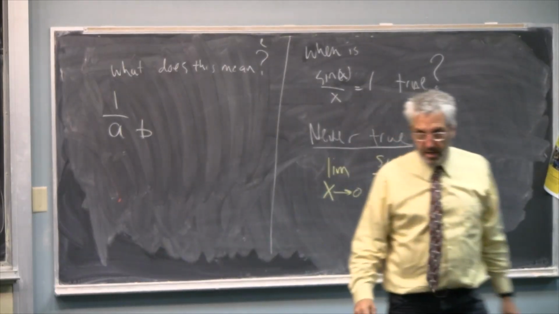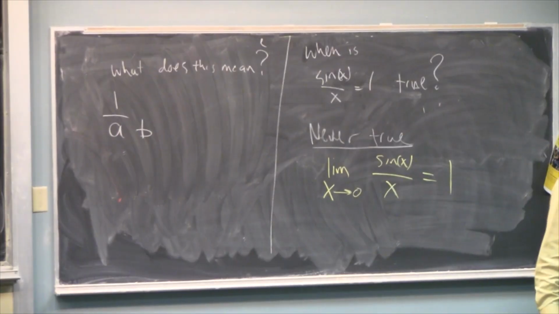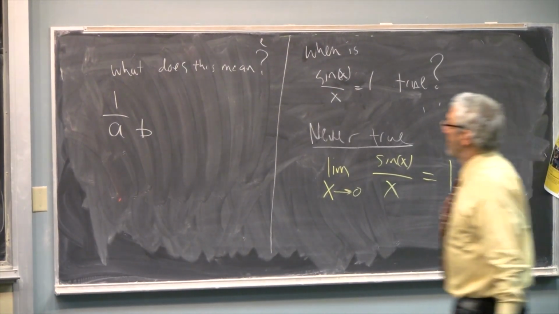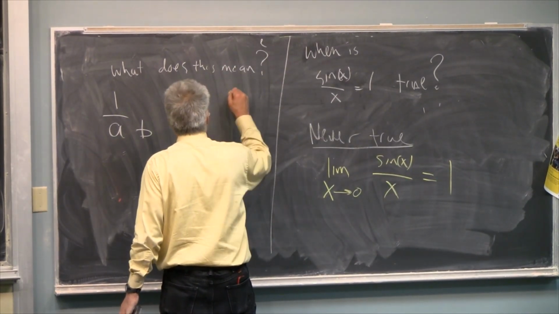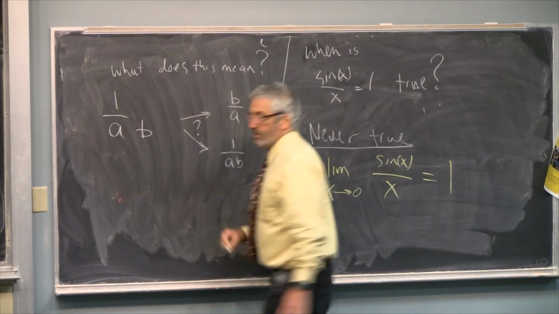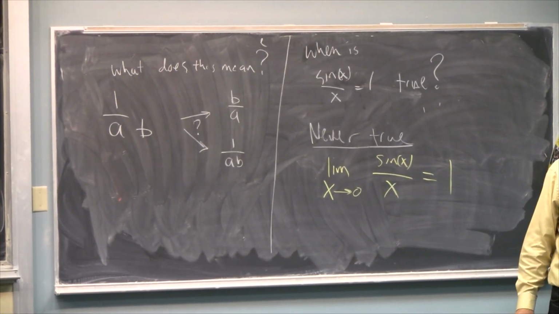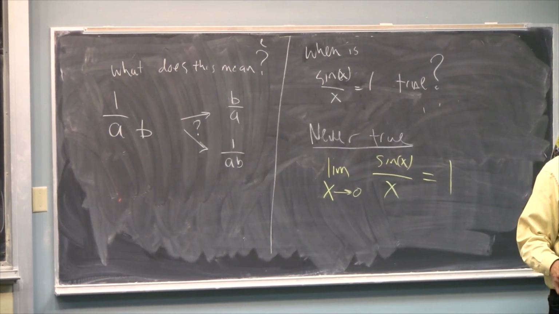What does that symbol mean? 1/a sitting next to b. Does that mean 1 over the quantity AB? Or does it mean 1/a times b? It's 1/AB.